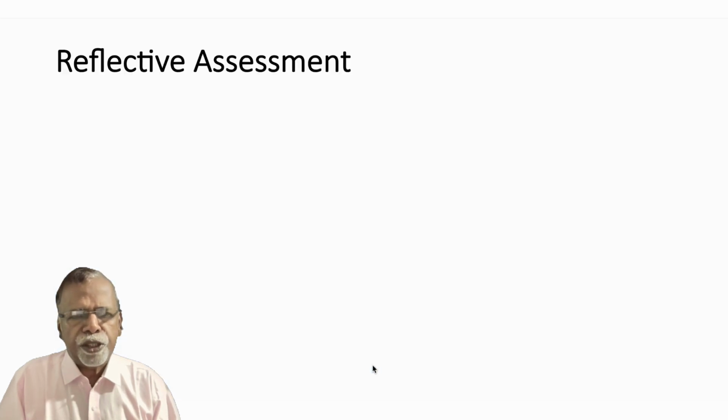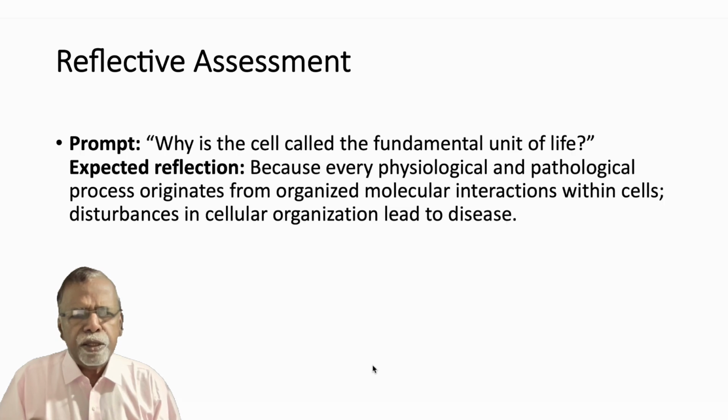So what is the reflection? Why is the cell called the fundamental unit of life? The aspect of reflection is because every physiological and pathological process originates from organized molecular interactions within cells. Disturbance in cellular organization leads to diseases.